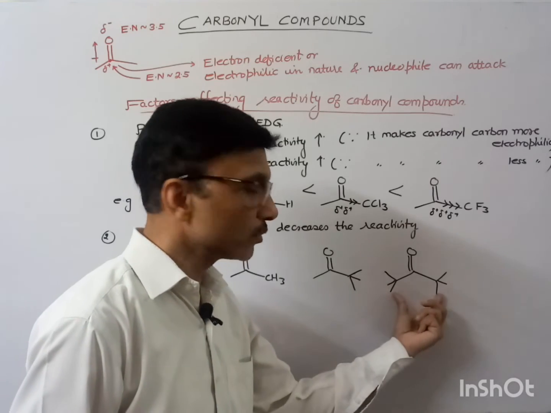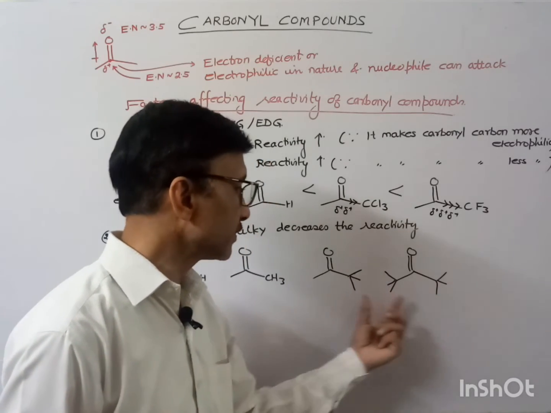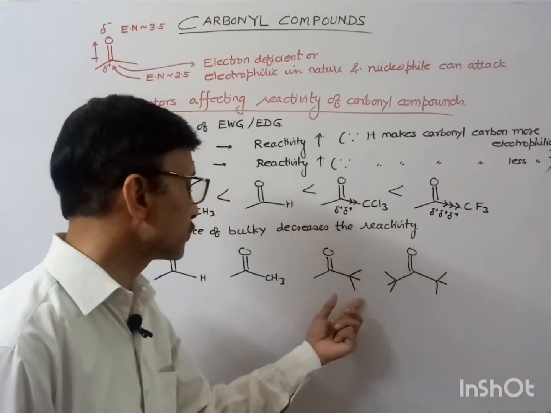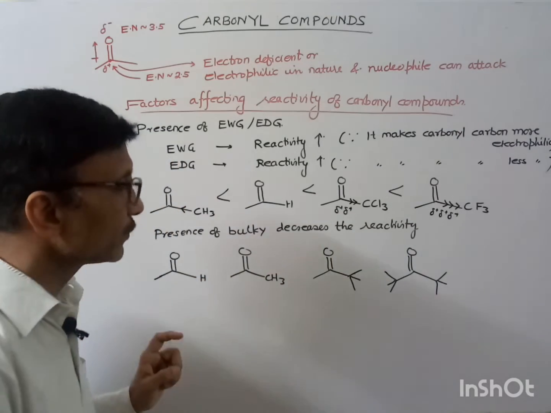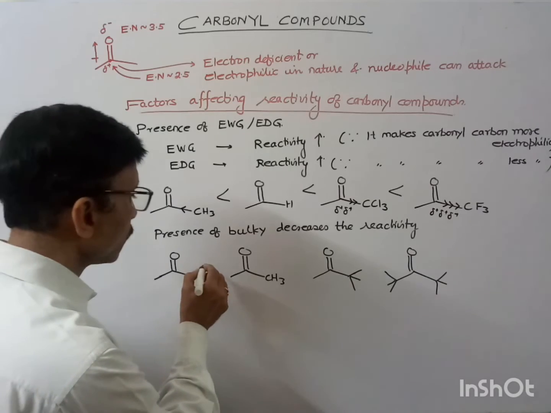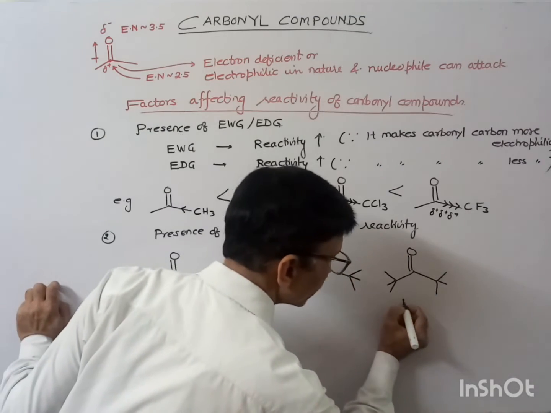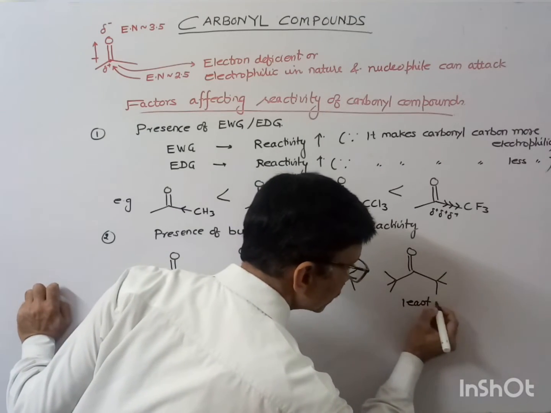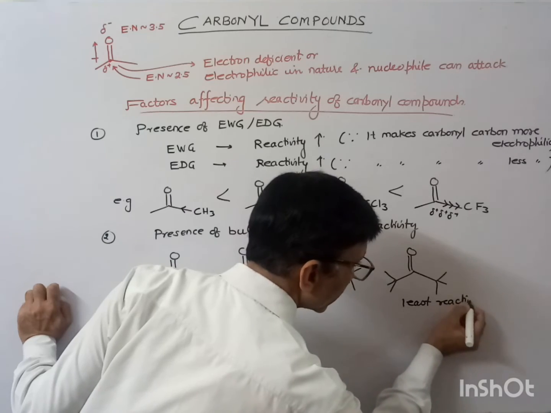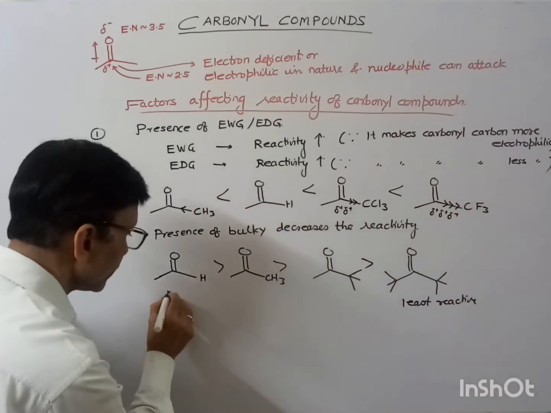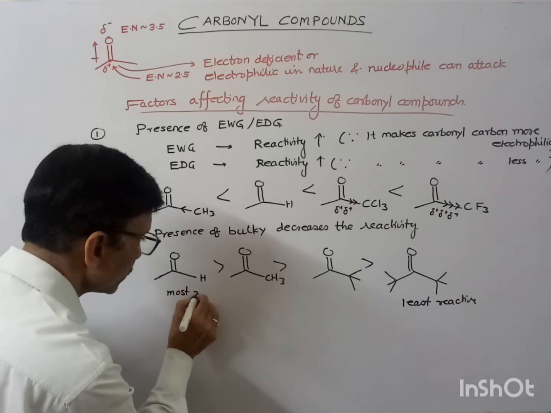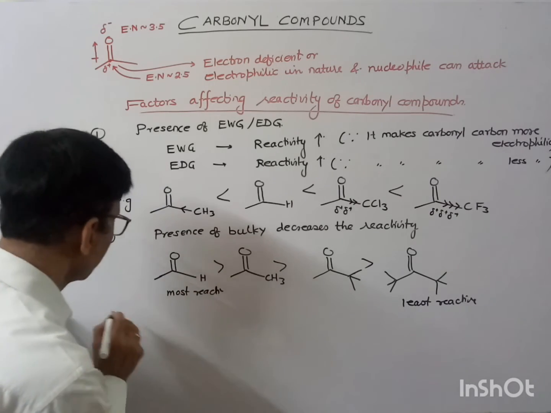Here one tertiary butyl group and a methyl are present, and here no bulky group is present. So that's why this is the least reactive, whereas this is the most reactive in nature.